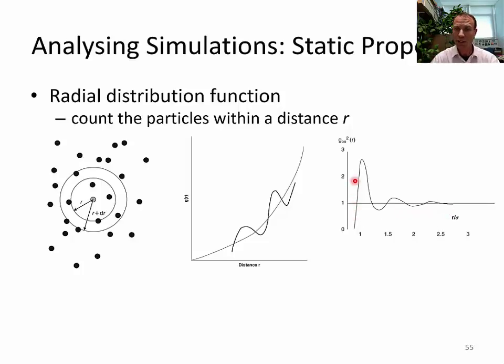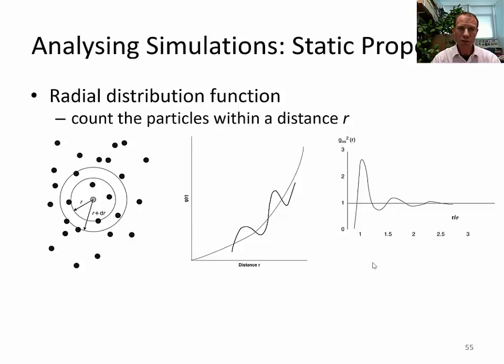So here we have a very strong peak for the first solvation shell, and then we have a trough and then a second solvation shell here, and we could argue that there's a slight trace of a third solvation shell. So this gives us useful information about the structure of a liquid.